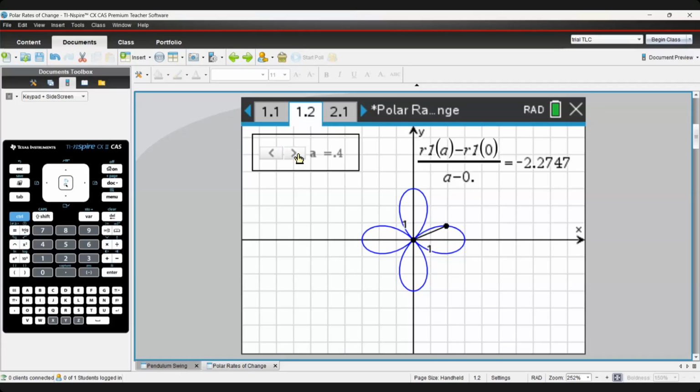And it looks like we've got some negative numbers here, meaning that the new radius is smaller than the original radius at angle 0. And I think this is a really cool visual, because we can kind of see on these line segments, these black line segments are the actual radius of this rose curve. And so those rates of change are decreasing. So they are negative and they are decreasing.